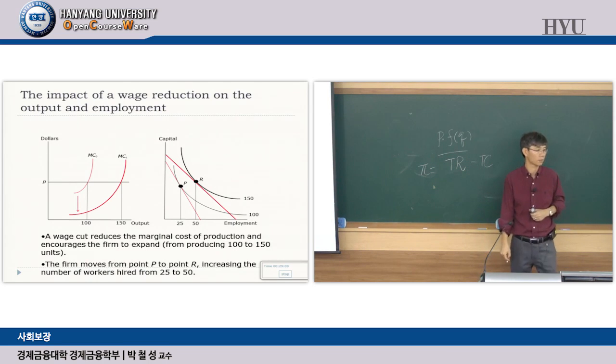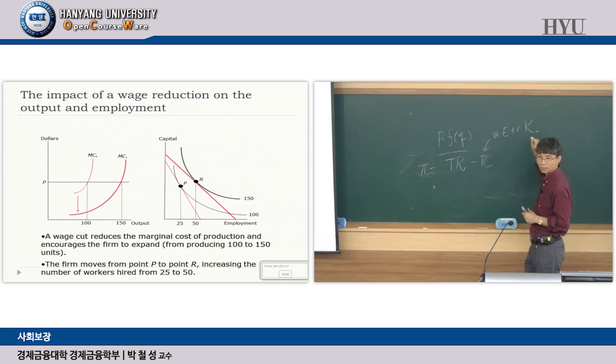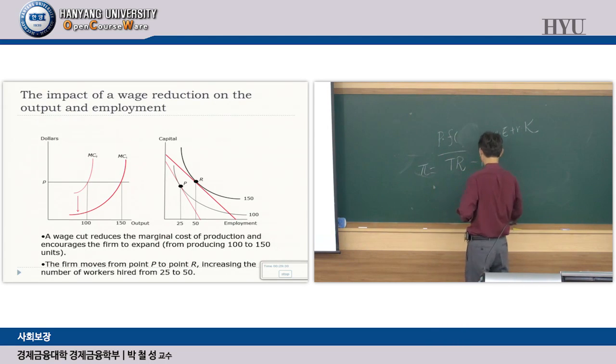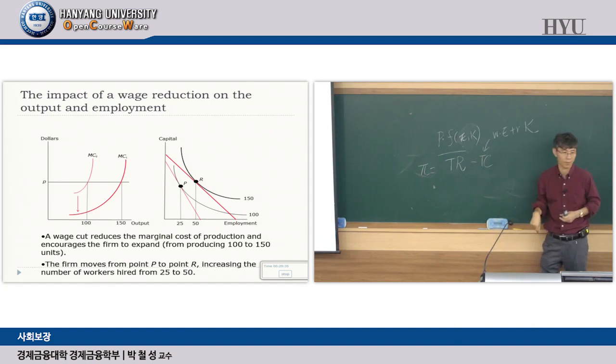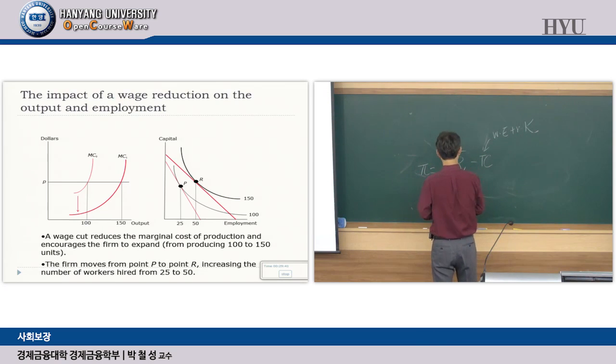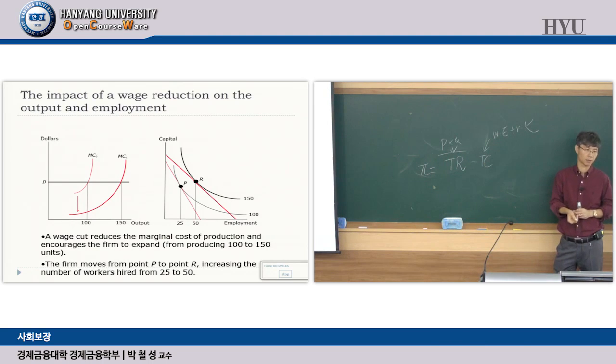Total cost will include, for example, W times L plus R times K. So labor cost plus capital cost is going to be total cost. And total revenue is P times F(L, K), which is P times Q. That's the total revenue part.